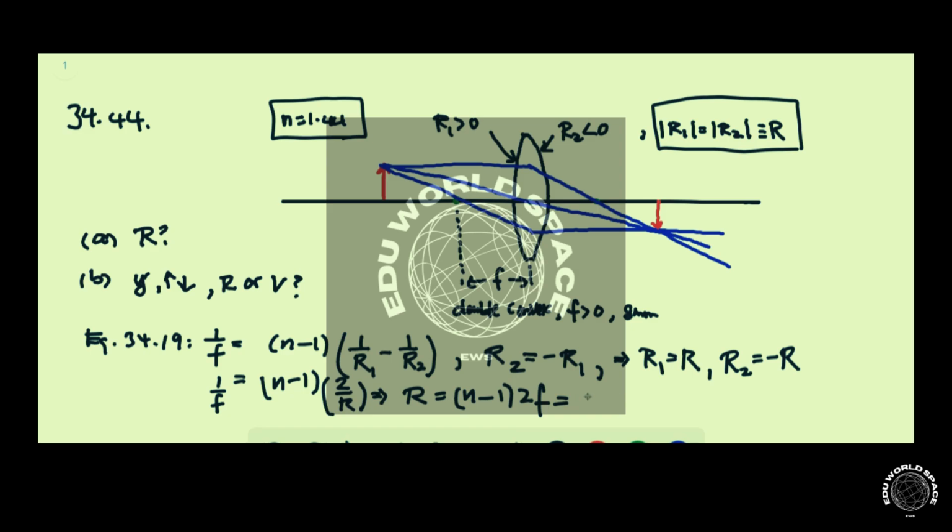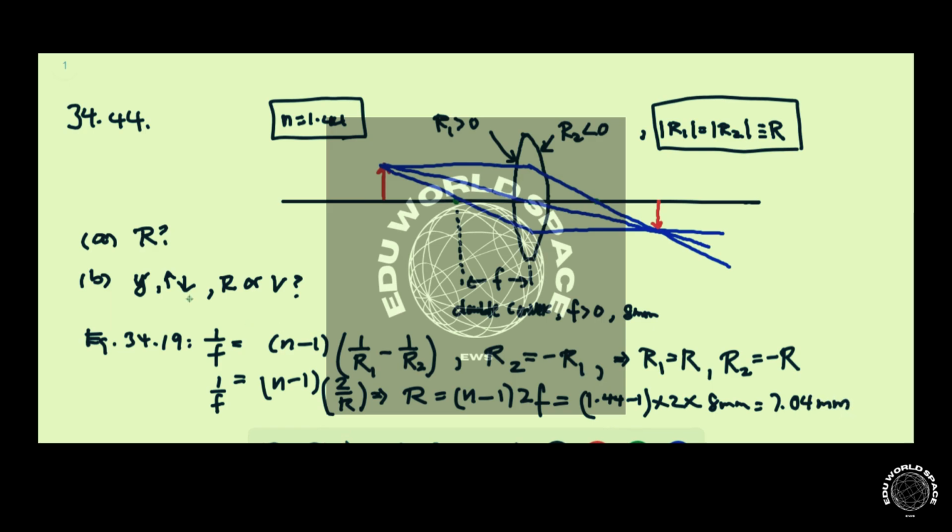So 1.44 minus 1 times 2 times 8 millimeters. And this gives me 7.04 millimeters.